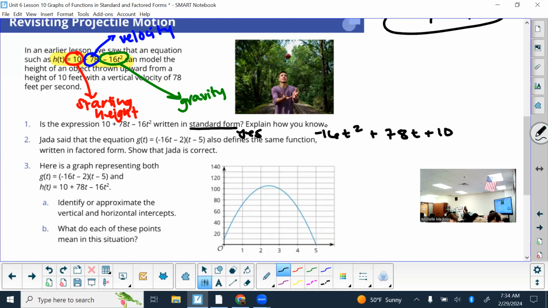But this does closely resemble what we said standard form is, and that's ax squared plus bx plus c. So yes, it is standard form. For other reasons, how you know they're not written as factors, you can't multiply in there, it's already fully simplified.